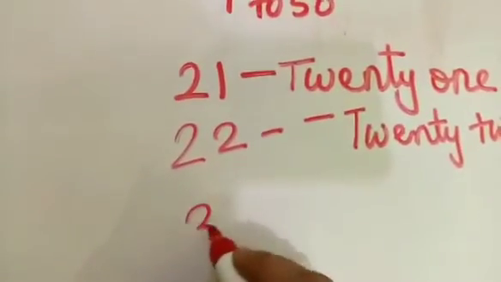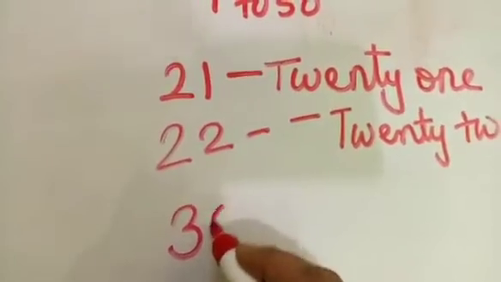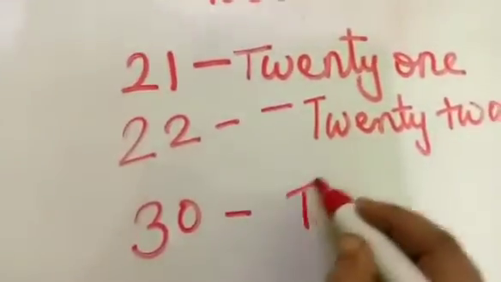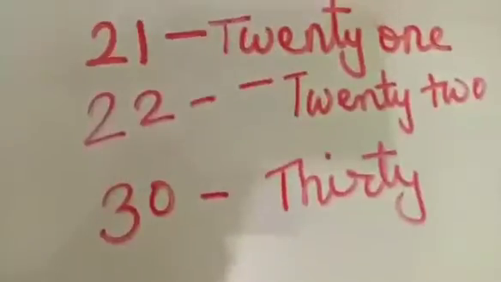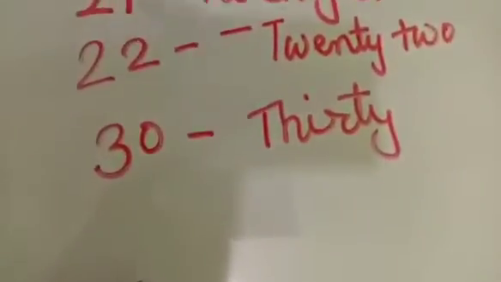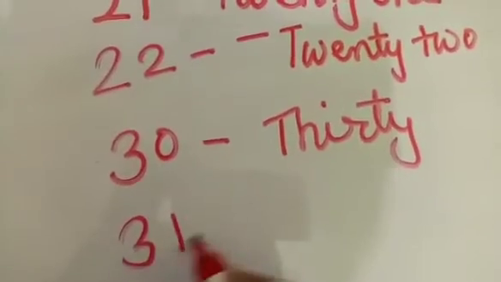Okay, then now 30, this is the spelling of 30. Now this is 31.